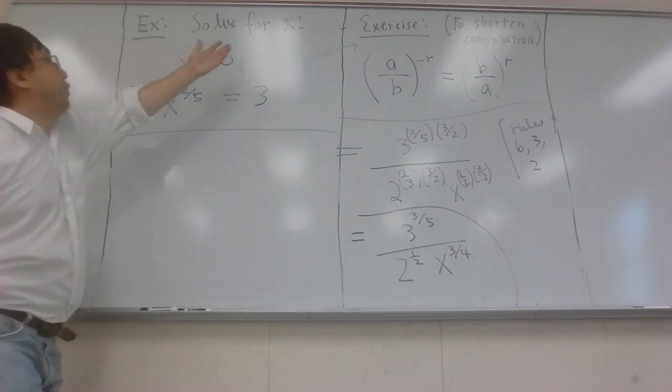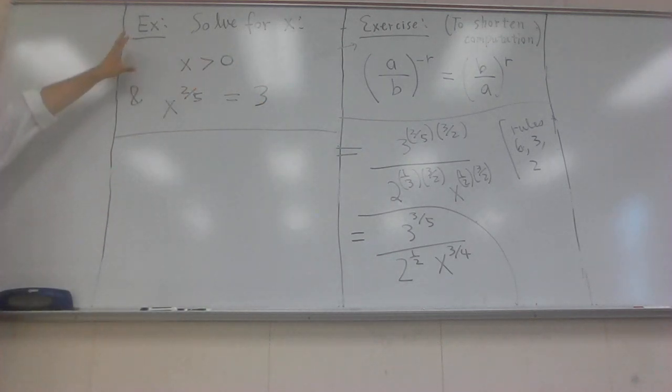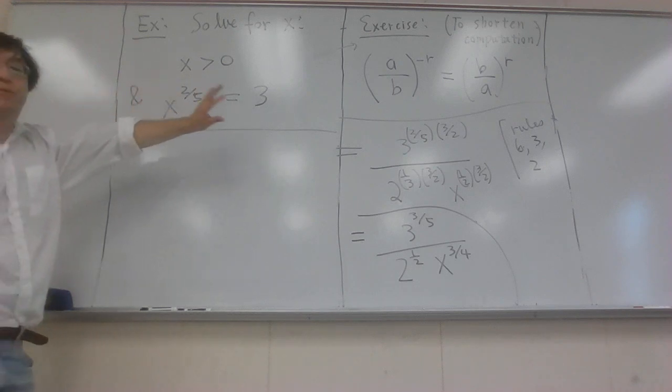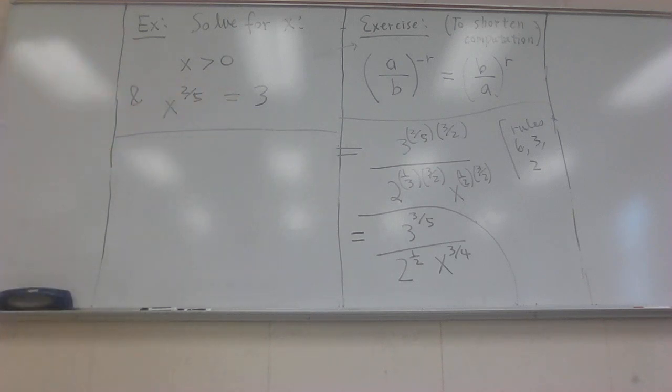Solve for the variable x, where x is a number strictly greater than 0, and x to the power of 2/5 is equal to 3. So this is the question, this is the example. Let me show you how to solve for this x. Let me show you how to isolate the x.